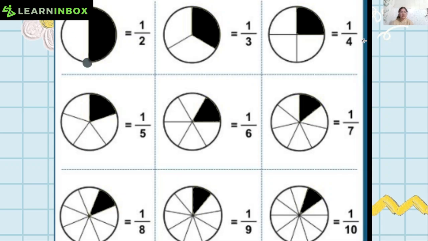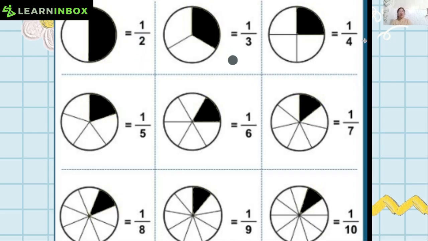This circle has been divided into two parts, 1, 2, so 2 will be the denominator. Very good. Now how much has been painted is 1. Of two parts, 1 is painted, so 1 will be the numerator, written at the top. So 1 by 2 is the fraction of this whole circle which has been painted.